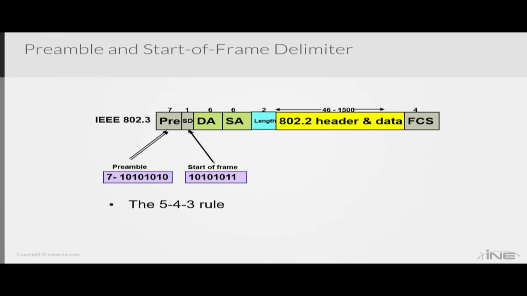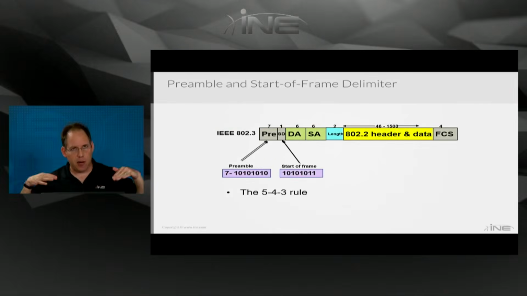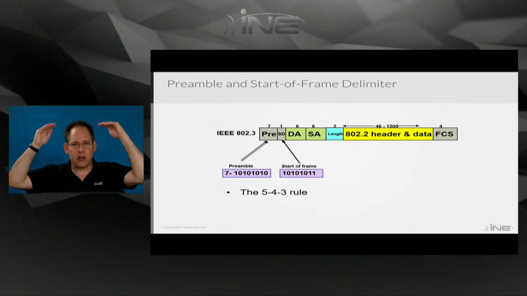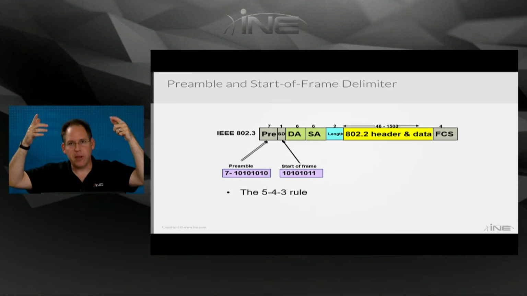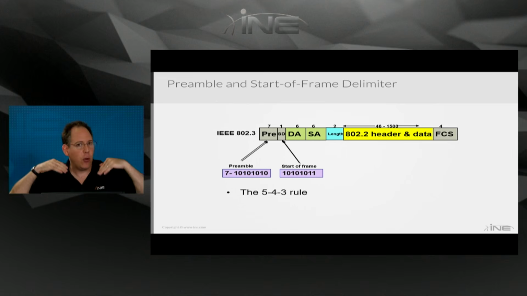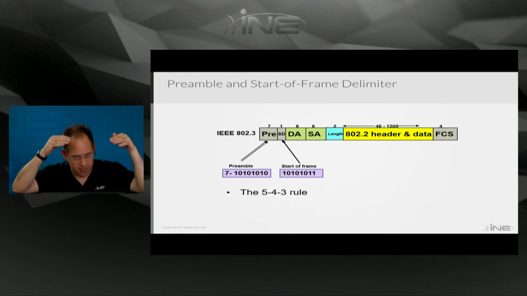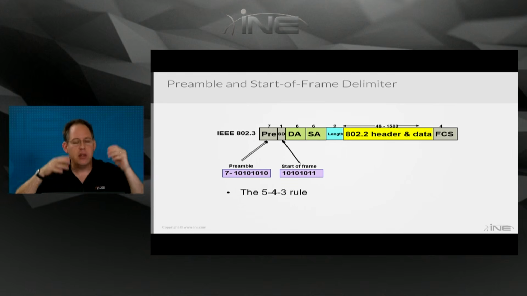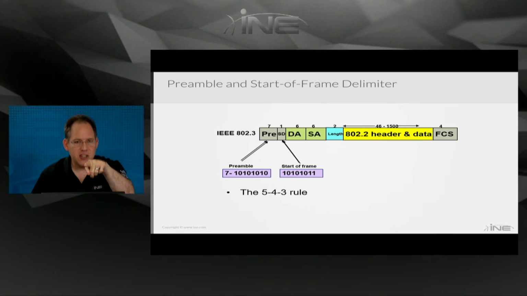Because remember, the way Ethernet works is that I'm going to hold my voltage up to a certain level for a certain amount of time to represent a 1. Then I'm going to let it go. I'm going to wait a few nanoseconds and then hold it up to a different level for an amount of time for a 0. So if I'm sending this to you, your receiving circuitry has to be monitoring that wire at the precise time to know when to get that voltage level, to know when to see the 1s and 0s.